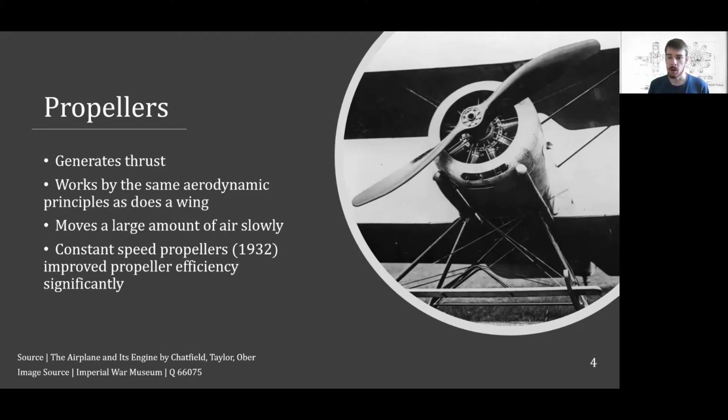When planes were slow, it didn't really matter that much, but as planes became faster and faster, the difference between the takeoff and the cruise conditions were so great that propellers could not be good at both conditions, and specifically the propeller's efficiency was only good at one of them. The invention of the constant speed propeller changed this and allowed propellers to operate at their peak efficiency across the range of flight conditions.